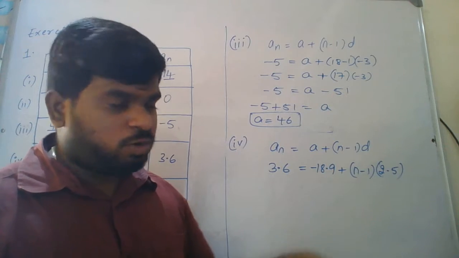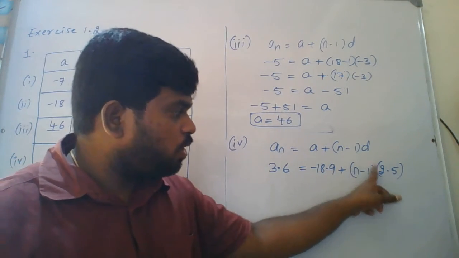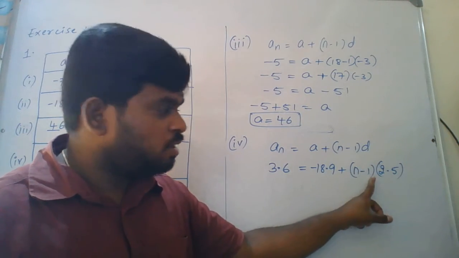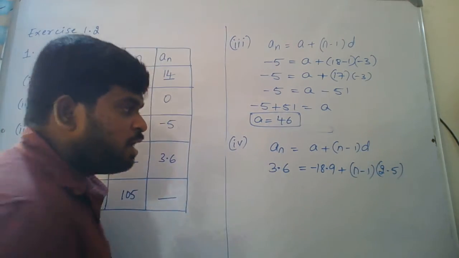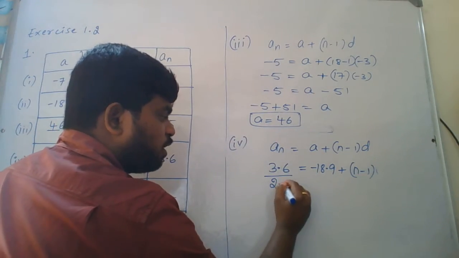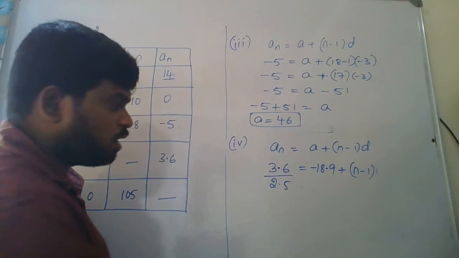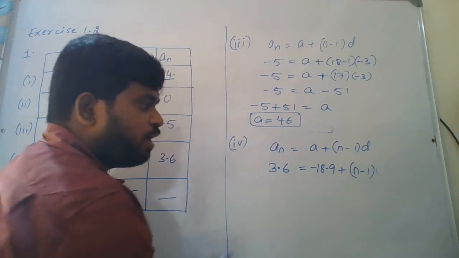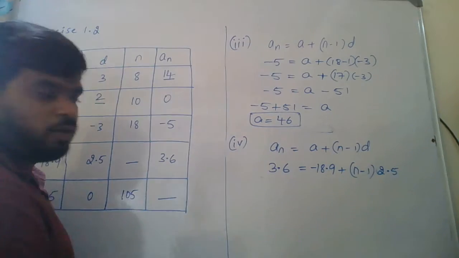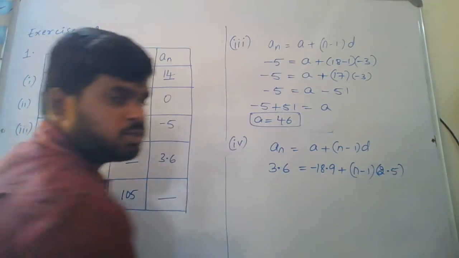This 2.5 is multiplied only for n minus 1. So you cannot transpose this 2.5 in the very first step and you cannot write it like this. This is not allowed, because this 2.5 belongs only to this.